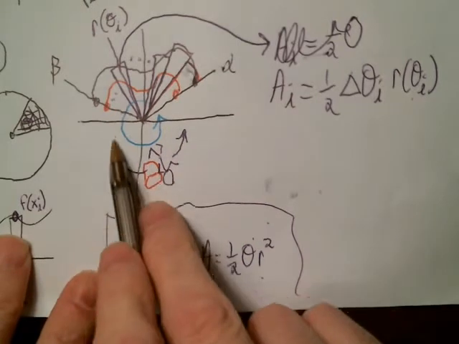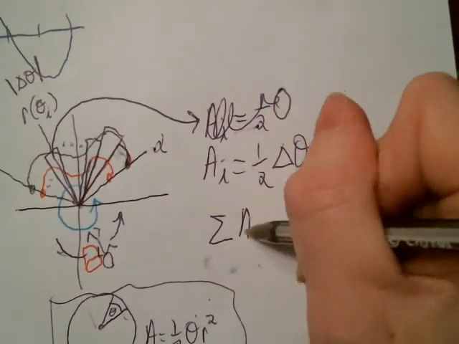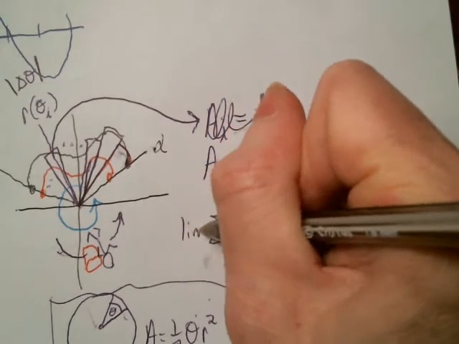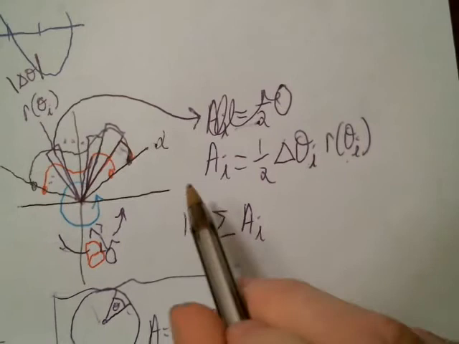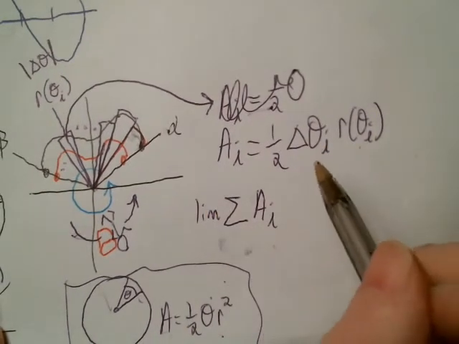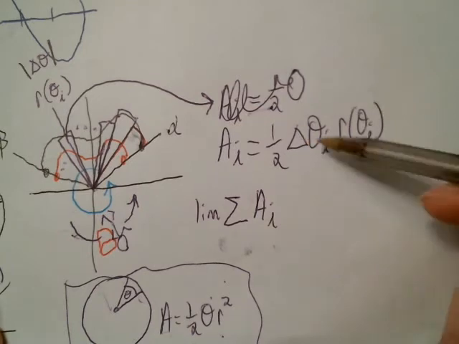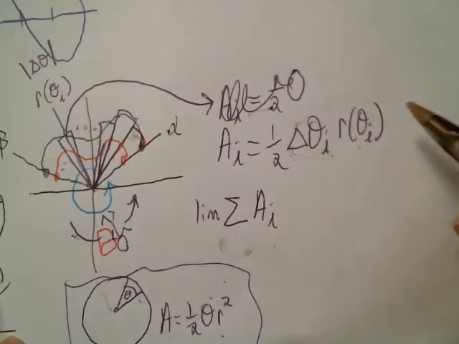Okay, and the Riemann man is picking all these up and putting them into his bag and then smoothing it out with a limit as the number of pizza slices goes to infinity, or if you'd rather, as the norm of the angles, these change in thetas, goes to 0.